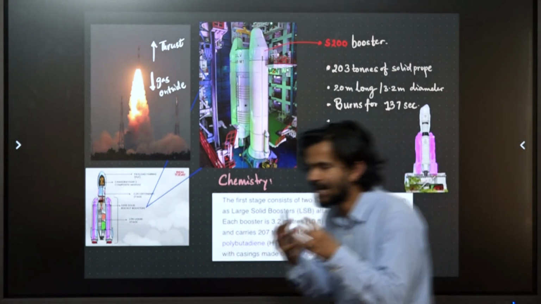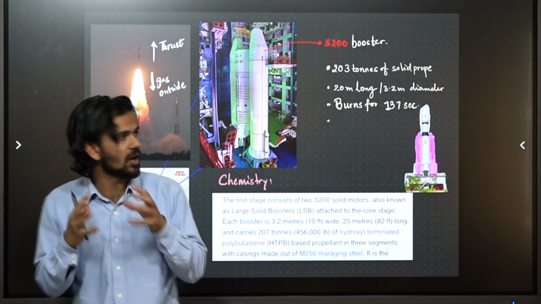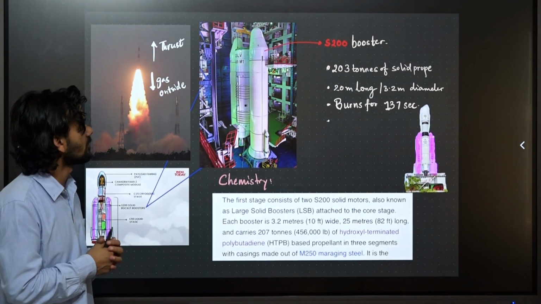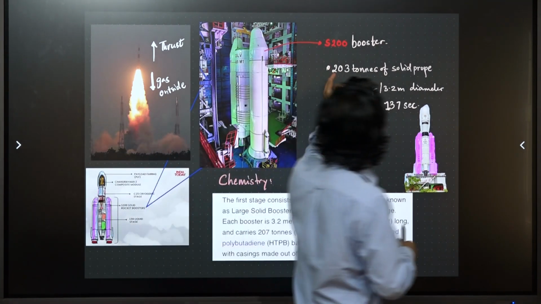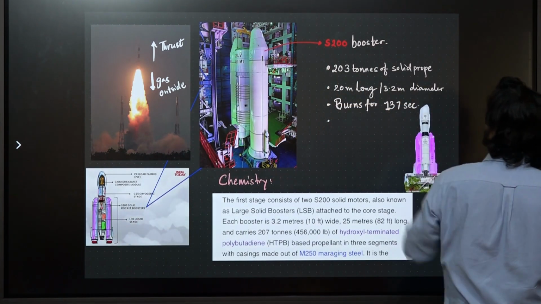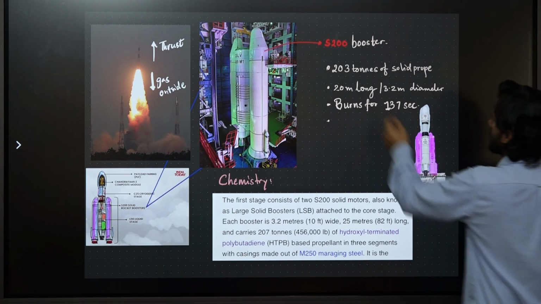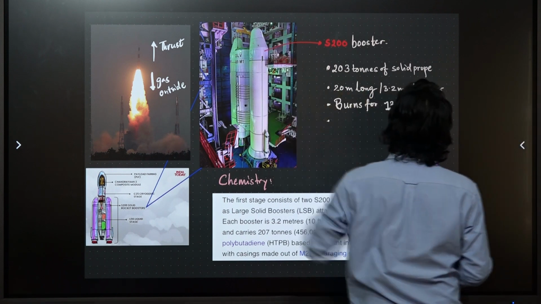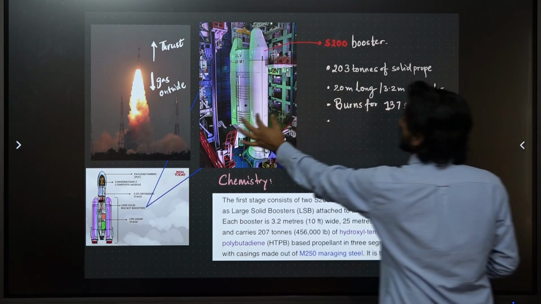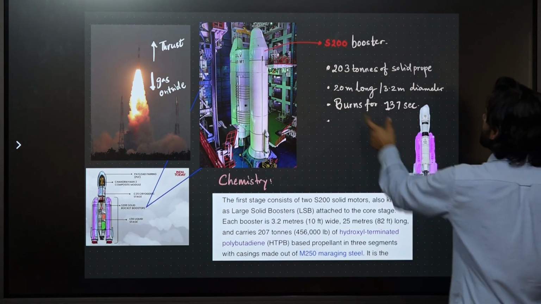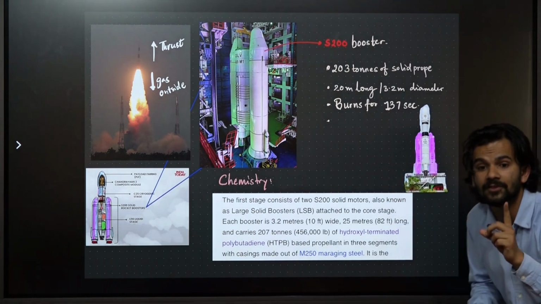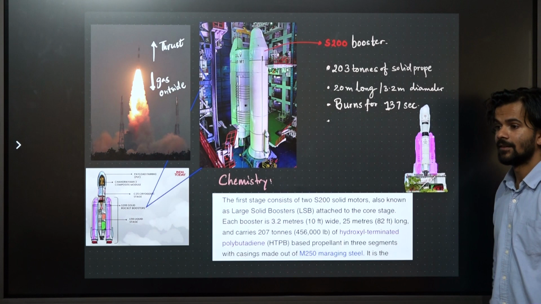And when they are ignited, it creates lots and lots of thrust. So you can see 203 tons of solid propellant. It's about 20 meters long, 3.2 meters in diameter, and it burns only for 137 seconds.